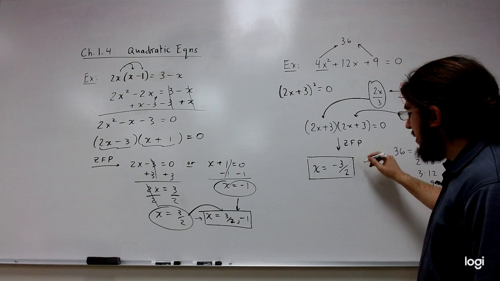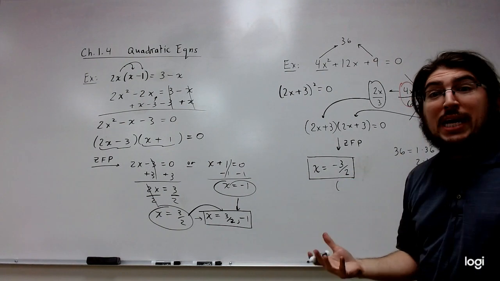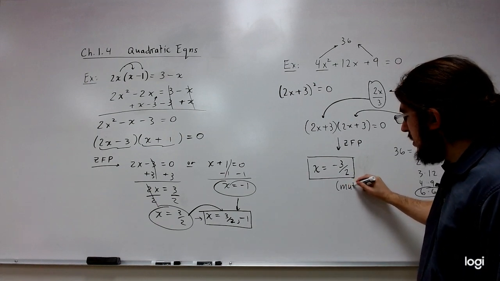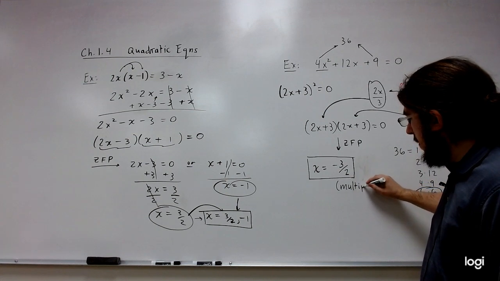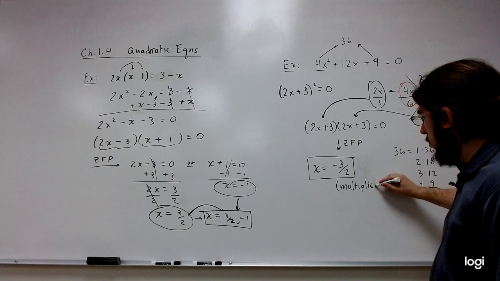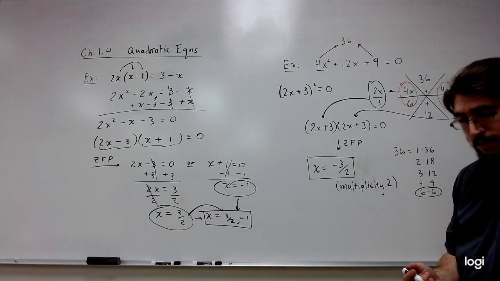Now, just to be technical, and we may see this in the future, since the solution technically appears twice, this is a solution of what is called multiplicity 2. Multiplicity, by the way, is just how often a solution appears as a solution, which I know is a weird thing to think about, but that's what it is.